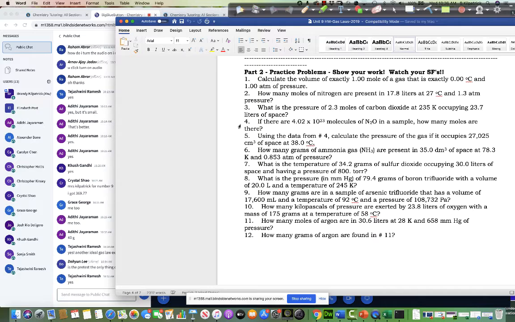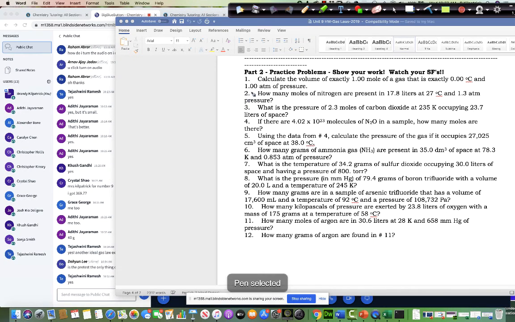Wait to do that one because you need to watch the last video that deals with molar mass and also density. So just wait to do that one, okay? Let's do a different one that's just ideal gas law, not a combination of anything else. Okay, so let's do number 2. Number 4, you guys cannot actually do that one until you watch the last video, so don't worry about it when you see it.